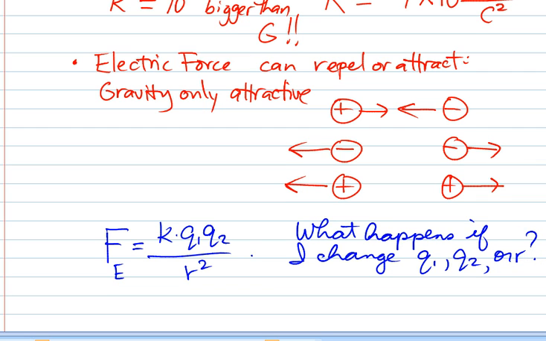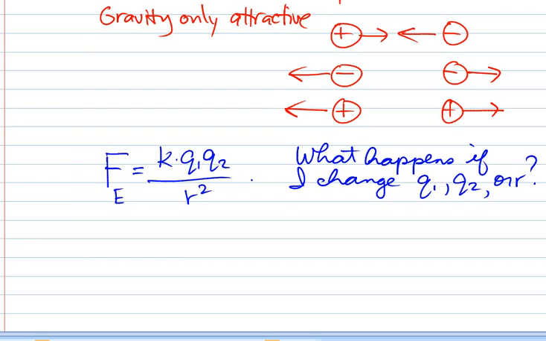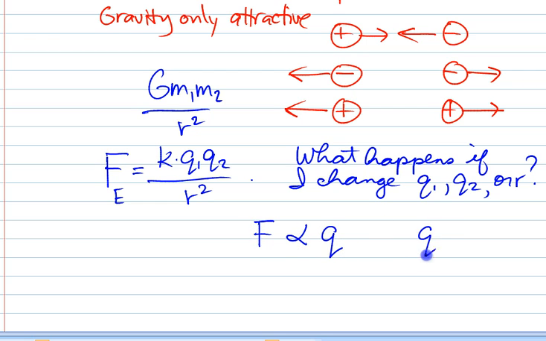So you have to think about each of those. And hopefully you recognize that this is exactly the same thing as G m1 m2 over r squared. If you increase the charge, basically F is proportional to charge. So as charge goes up, force goes up, and it's a linear thing.